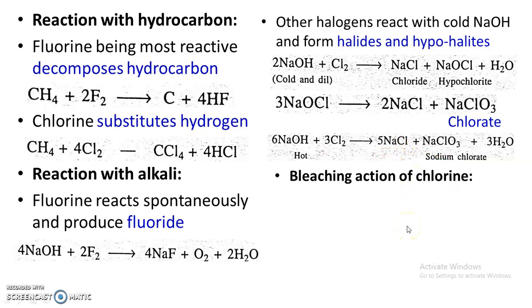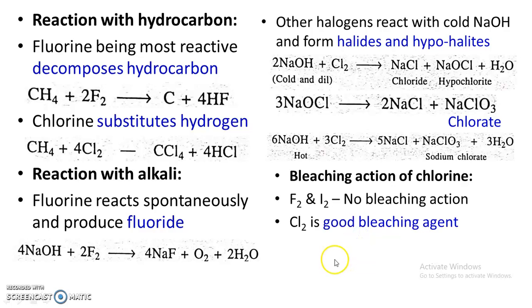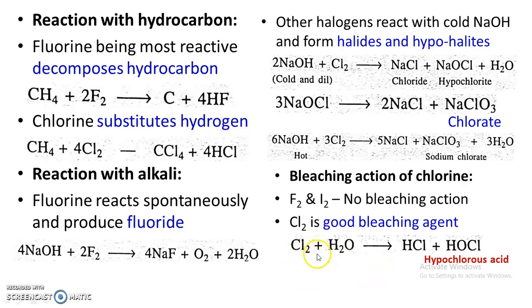Now bleaching action of chlorine. Fluorine and iodine do not have the property of bleaching. Chlorine is a good bleaching agent, and the reason for this is when chlorine is mixed with water, there is a formation of hydrogen chloride and hypochlorous acid. This hypochlorous acid decomposes and there is a formation of nascent oxygen, and this nascent oxygen is responsible for the bleaching property of chlorine.